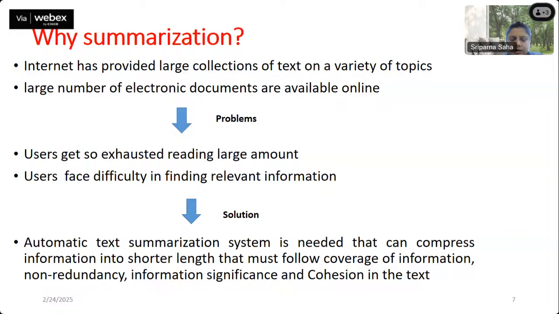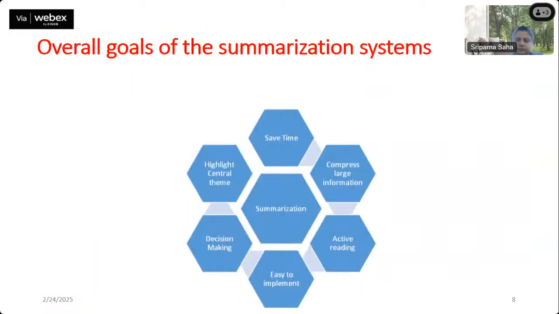An automatic text summarization system is needed that can compress information into shorter length, and that must follow coverage of information, non-redundancy, information significance, and cohesion in the text. Basically, you have a large amount of text and you do not have time to go through it, so can we generate a summary of the same, just to save some time of the users?